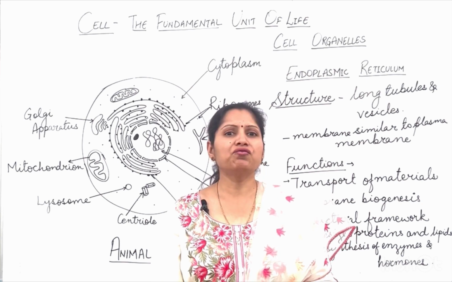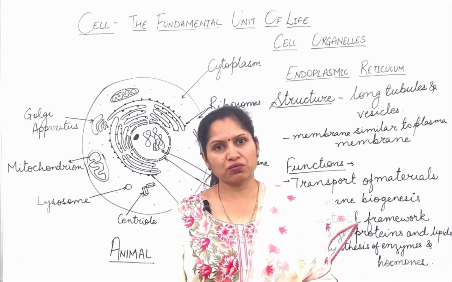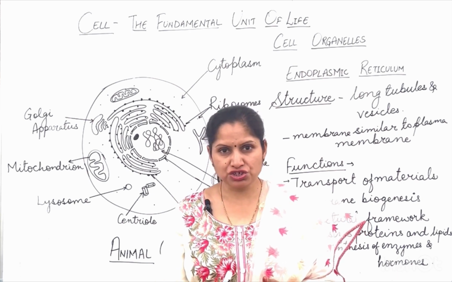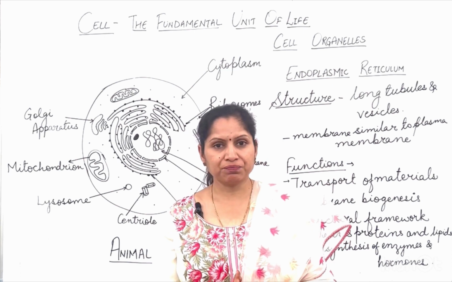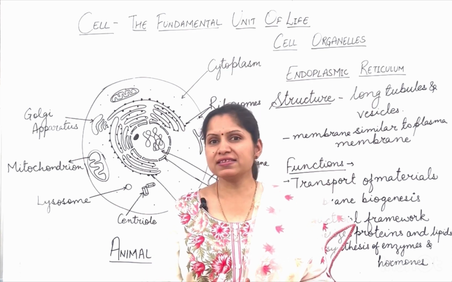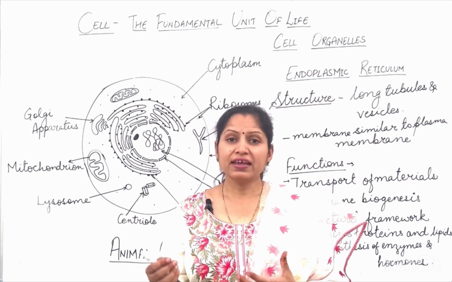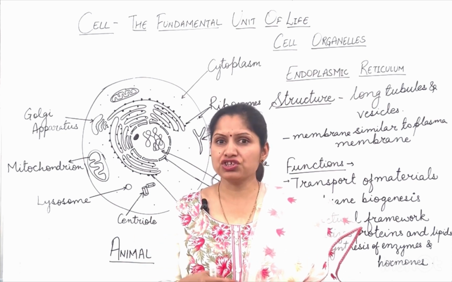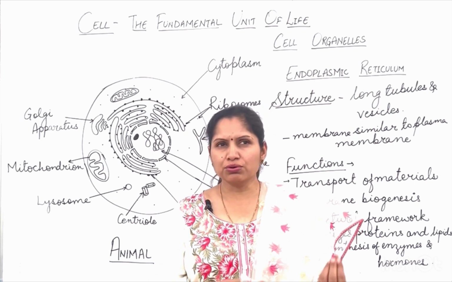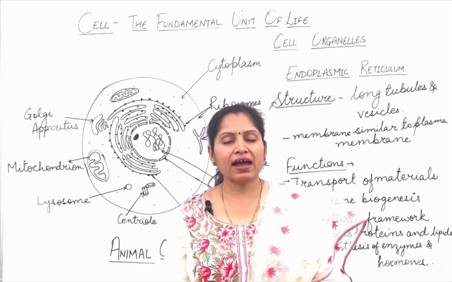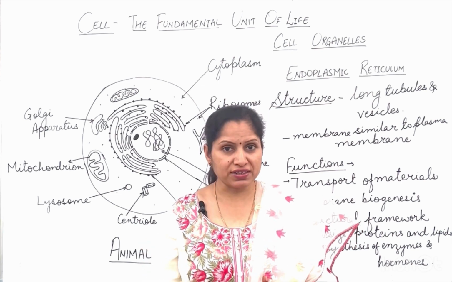Why is it called a functional unit? Every cell is capable of performing cellular respiration, that is breakdown of glucose to produce energy. Apart from that, every cell can perform excretion, that is removal of waste from it. Every cell performs digestion and nutrition, that is takes up the glucose, amino acids and uses them for preparing the different cell components.